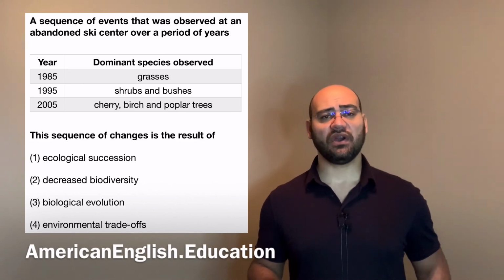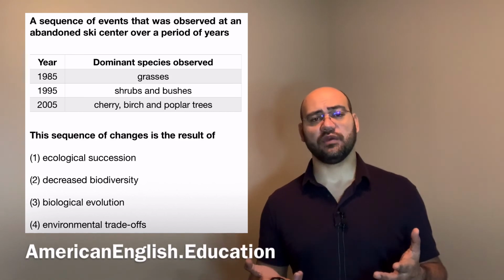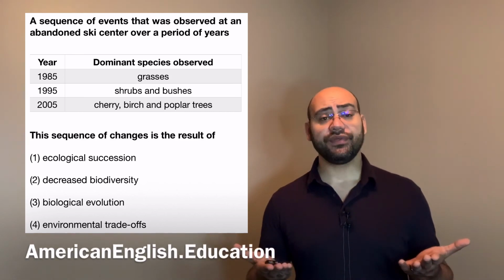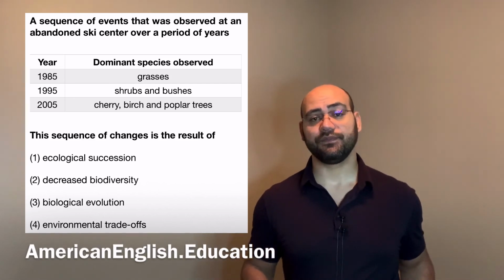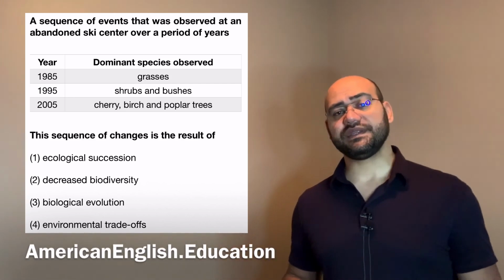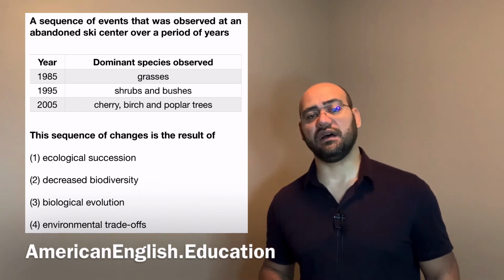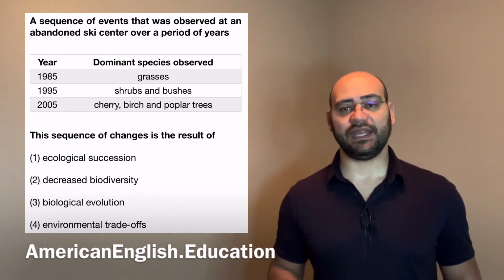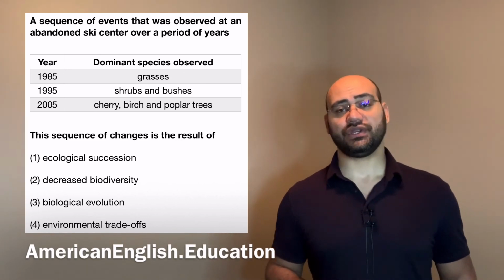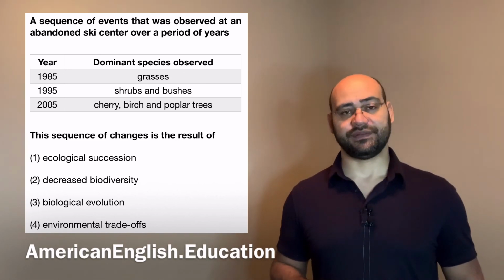There's definitely something going on in terms of growth and abundance of dominant plant species. So let's take a look at our options. The sequence of changes is a result of 1, ecological succession, 2, decreased biodiversity, 3, biological evolution, 4, environmental trade-offs.